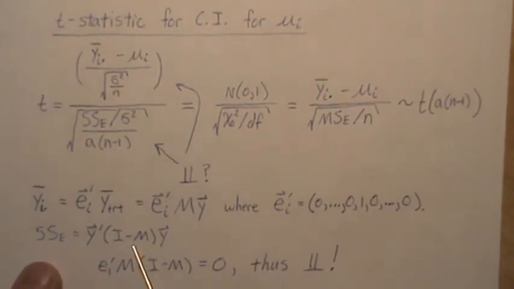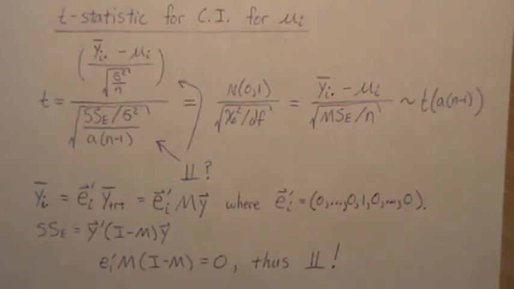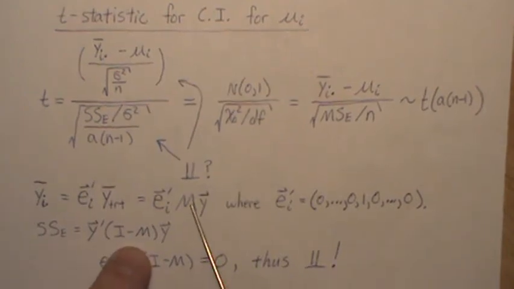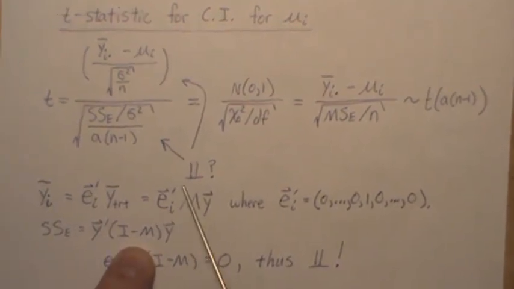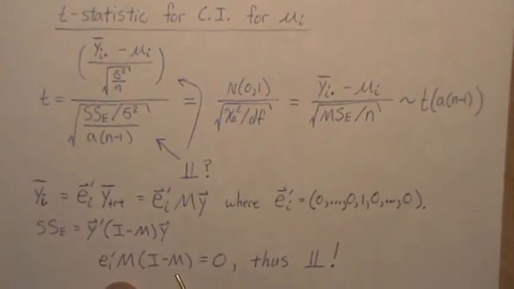Sum of squared error is this, and I have a video looking at the independence of quadratic forms. We have to multiply the matrix here times this matrix, and if it's 0 then they're independent.